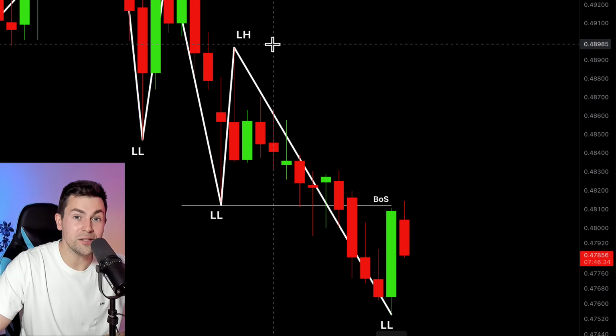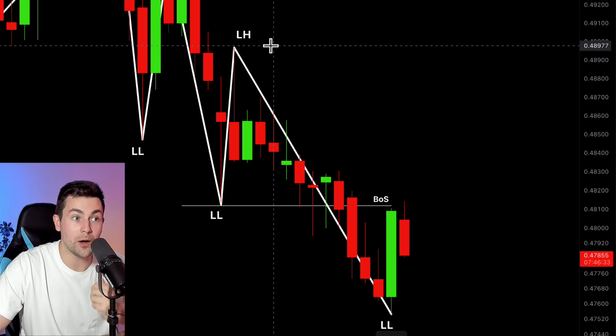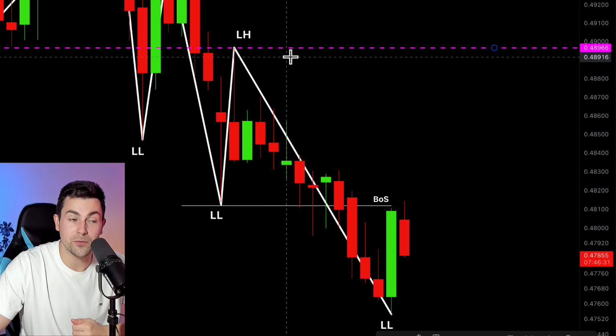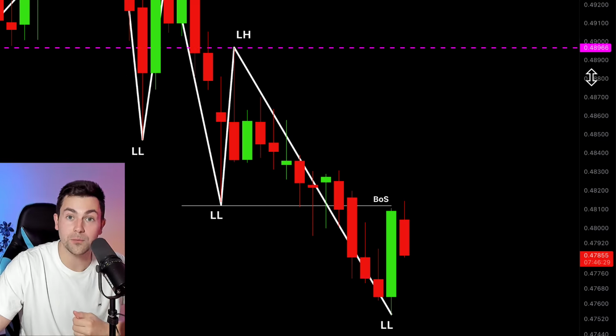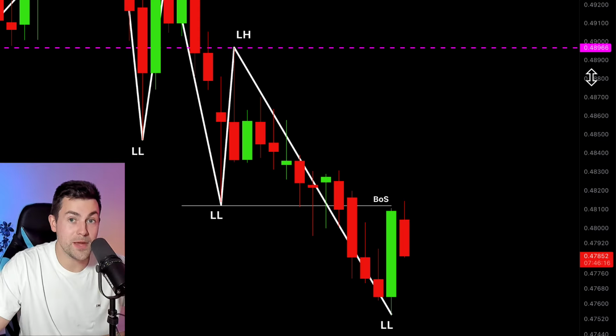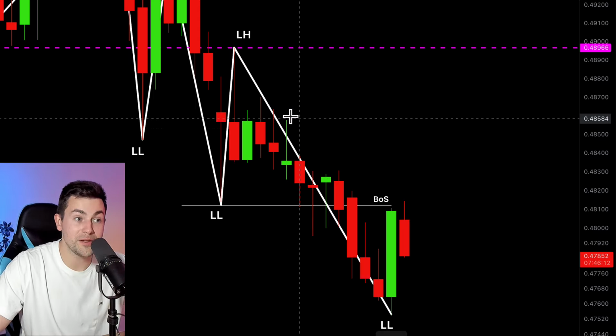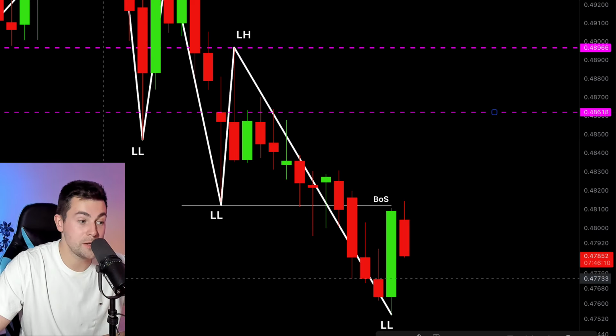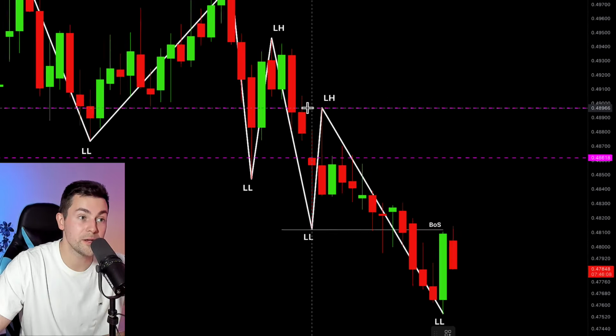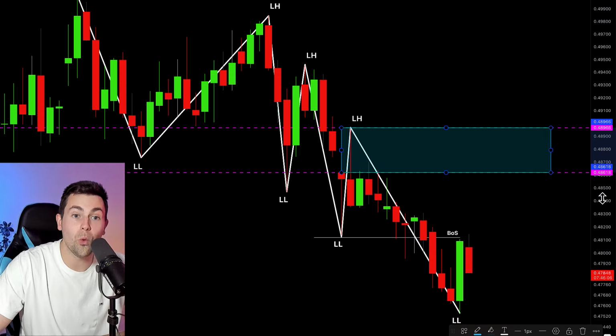To correctly draw your bearish order block zone, the upper boundary will be the high of the last lower high, and the lower boundary of that zone will be the recent highest daily candle close. Here it goes, and here is going to be your bearish order block zone.